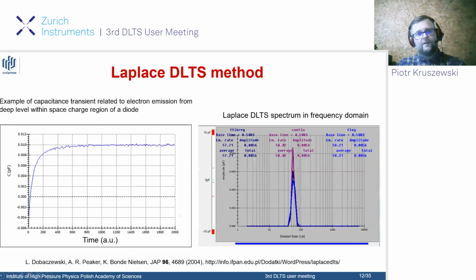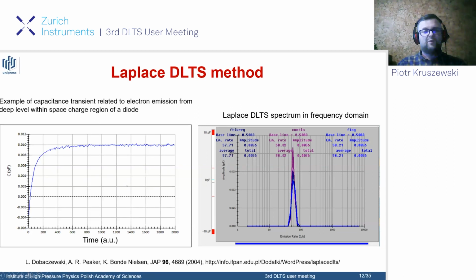And typically, what we measure is, as I said, capacitance versus time. This is the signal from a typical deep level measured by Laplace DLTS. After application of the Laplace DLTS technique, you calculate the emission rates for that decay. If it's mono-exponential, you observe one single peak.